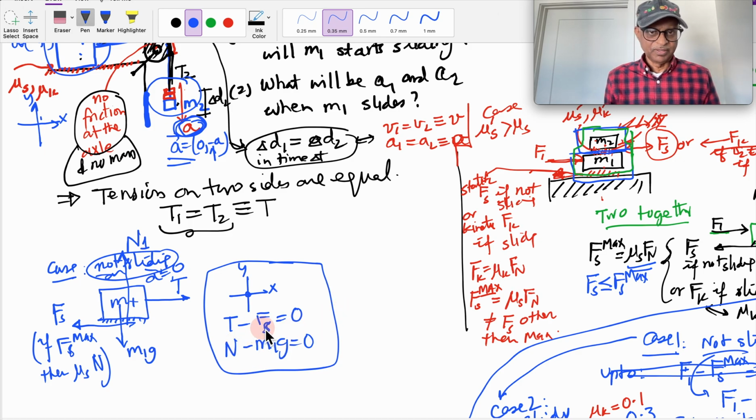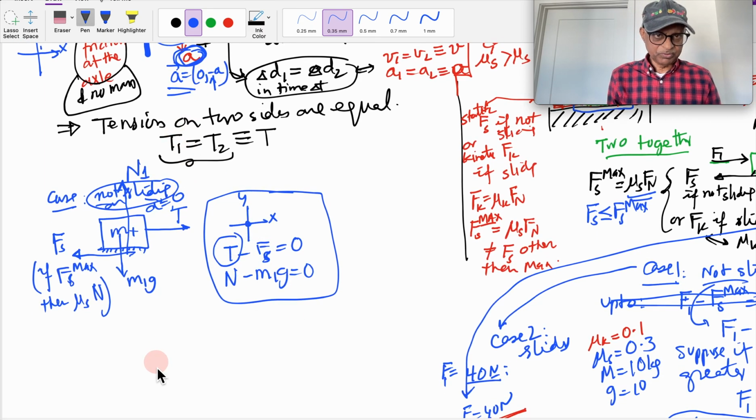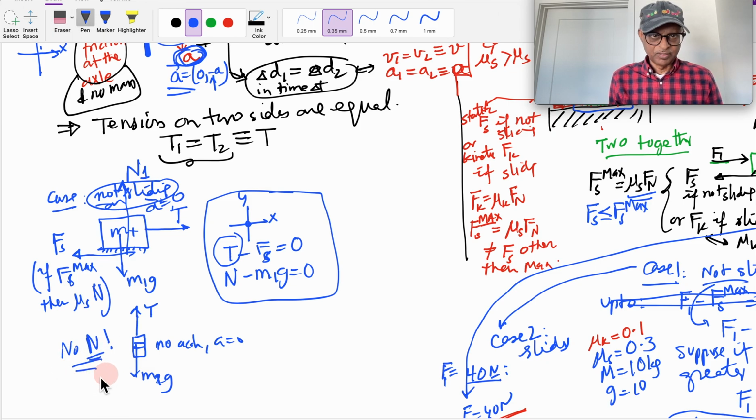So static friction, whatever it is, matches the tension. And we don't know what the tension is. Tension is going to be obtained from the other guy. We have enough mass, but it's not sliding. No acceleration, a equals 0. So there will be tension here, and then M2g. There is no normal force here, and no frictional force here, because nobody is touching it. So just these two forces.